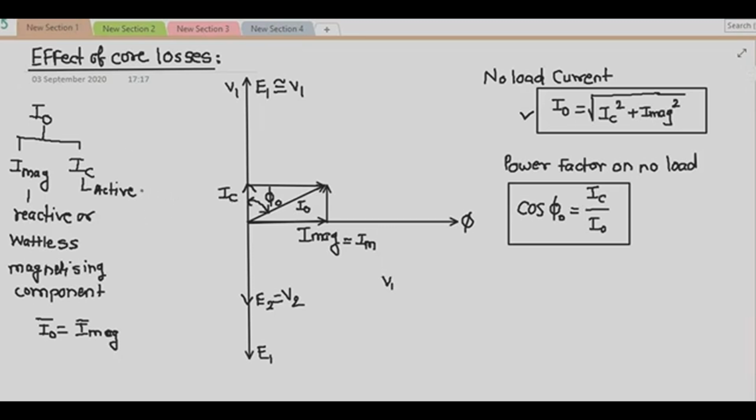Hence, we have drawn the phasor diagram of the transformer by considering the core losses, and that phasor diagram is drawn for no load.